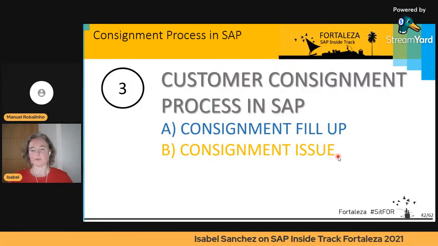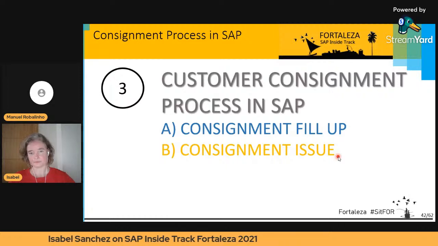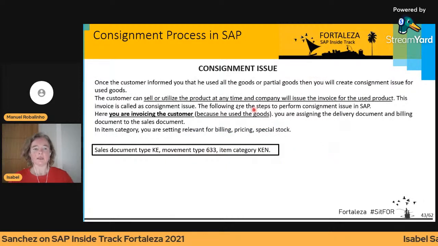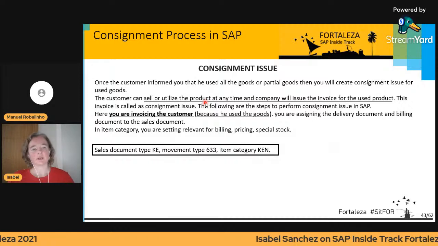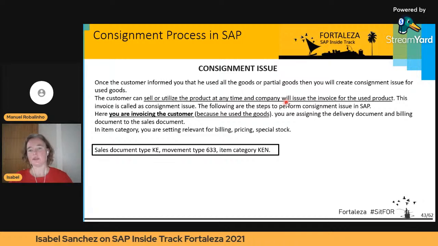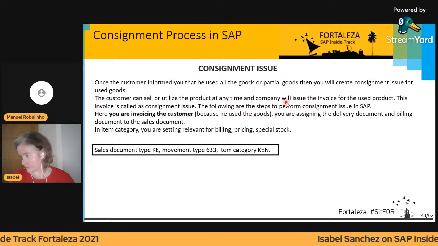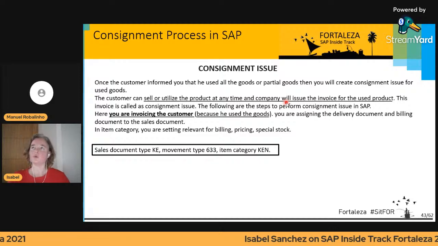The next process is Consignment Issue. In this process, the customer can sell or utilize the product at any time and will issue the invoice to us.